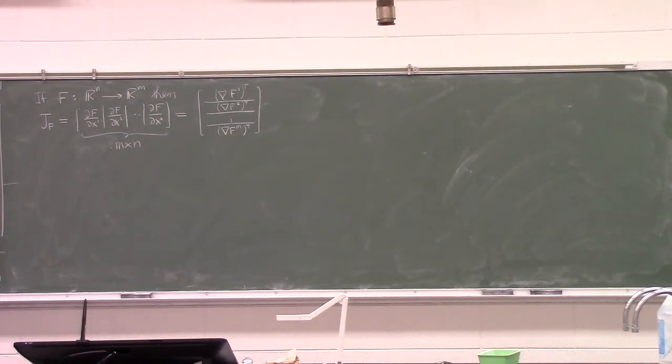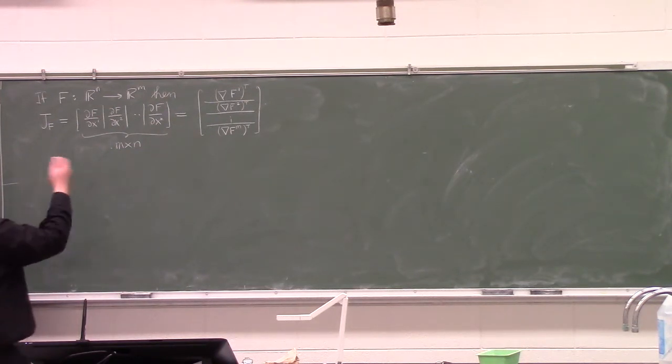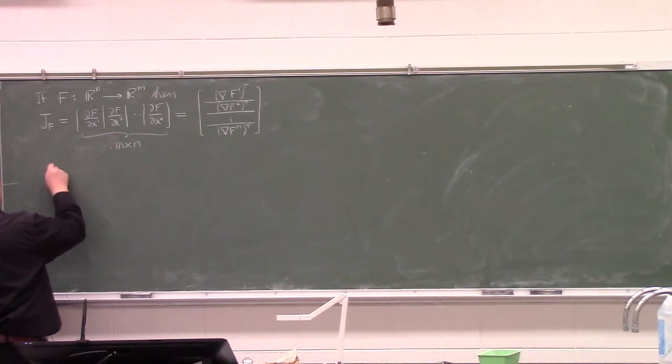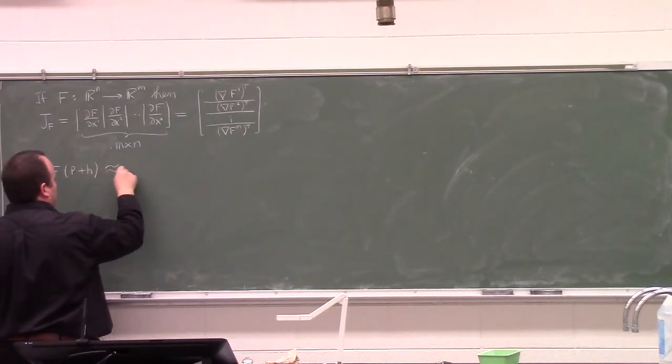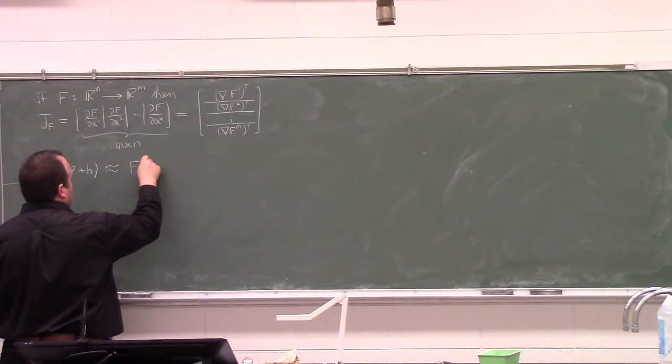So this is the Jacobian matrix of a map. And the Jacobian matrix of a map completely tells you how to linearize the map. It's the generalization of the slope of a function. This matrix is the generalized slope in some sense. So essentially the result is this. f of p plus h is approximately equal to f of p.